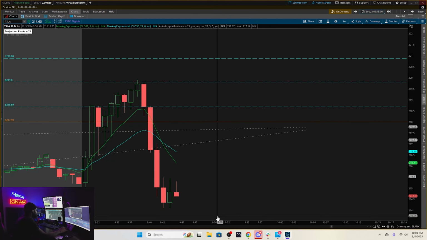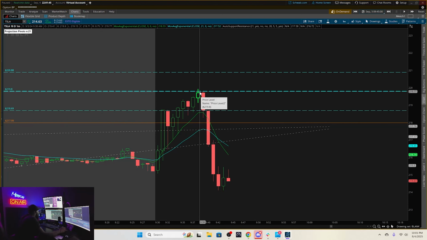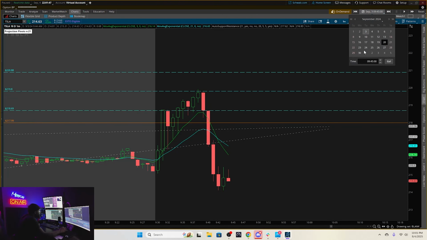Nope. So if your entry was here, the risk to reward was worth it, and you got, from 216.70 to 218.69, that's $1. Then you get to 219.80, that's $2 on a Tuesday.